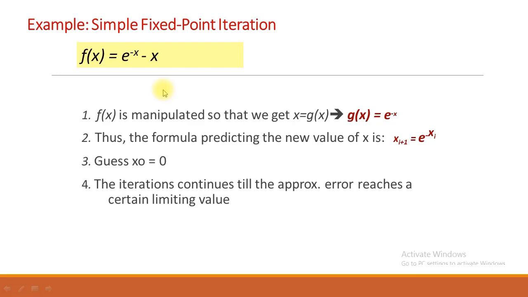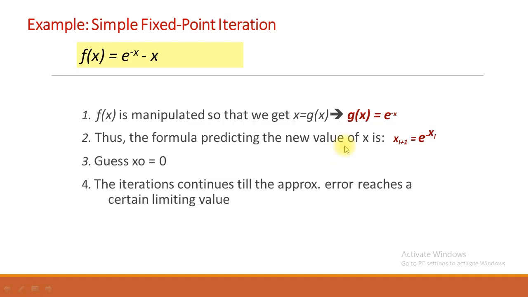Suppose alpha is a fixed point, so if we put alpha in this g function, g of alpha is equal to alpha, then alpha will be the fixed point of this function g, and the fixed point of g will be the approximate root of this given non-linear equation.